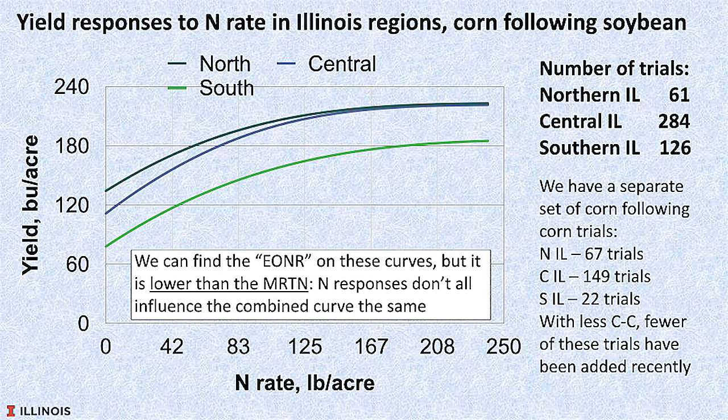Central Illinois is not quite parallel, but that's the number of trials there. So we have 61 trials in northern Illinois, 284 in central Illinois, and 128 in southern Illinois. And we also have a set of corn following corn trials, and I just put those in there. So you can choose in the calculator to look at corn following corn and or corn following soybean.